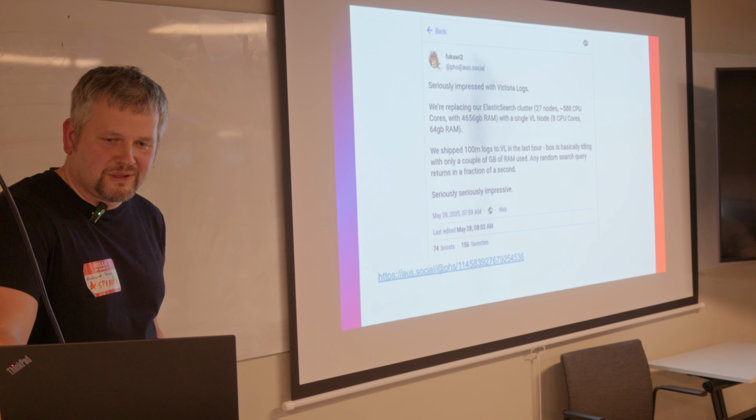He was using an Elasticsearch cluster with 27 nodes, around 600 CPU cores, and 4.6 terabytes of memory, and moved into a single-node VictoriaLogs instance, which runs on 8 CPU cores and 64 gigabytes of memory. And he's happy, as you can see.